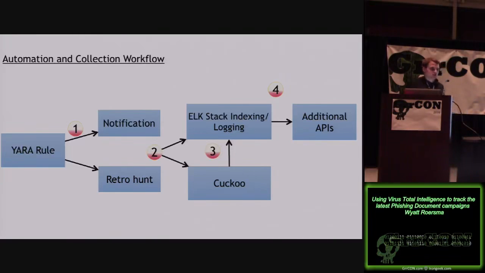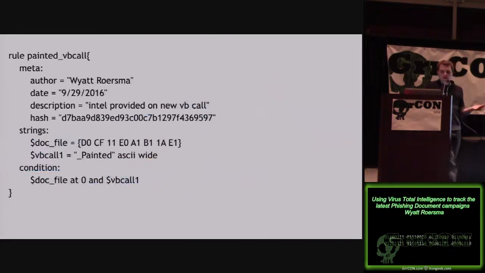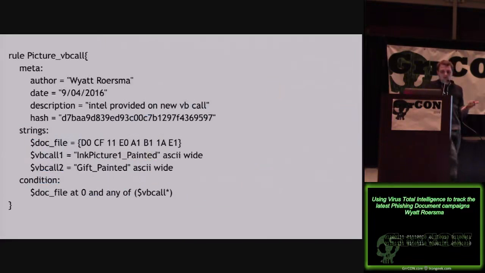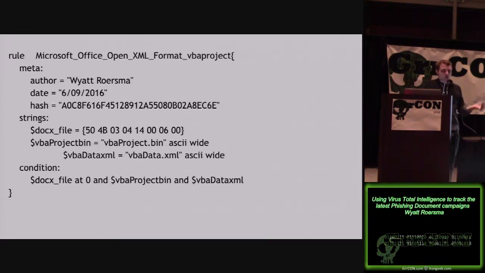So literally, you just have a script running every day that goes into the VirusTotal notification index, pulls all of your VB call hits, pulls all of your more specific hits and does a comparison, and then maybe runs an additional tool to spit out the functions that you might not be getting, and maybe sends you an email about it that you can then go and do some manual analysis on to increase your detection.